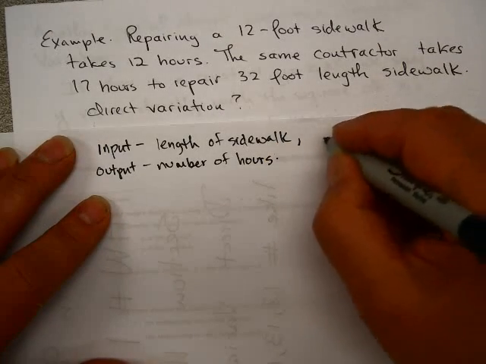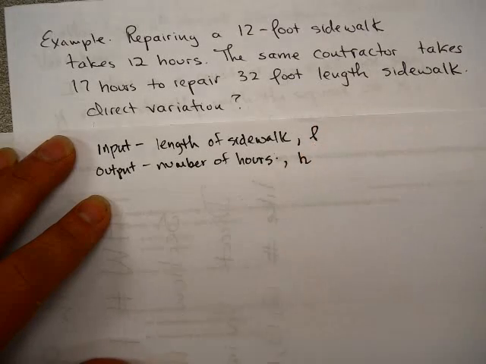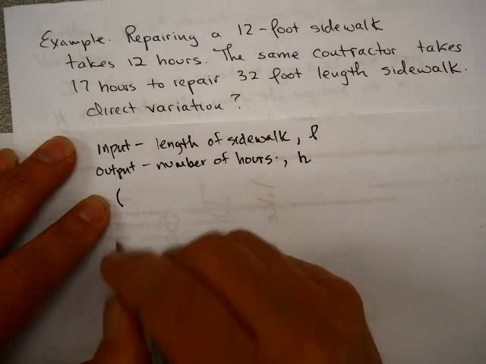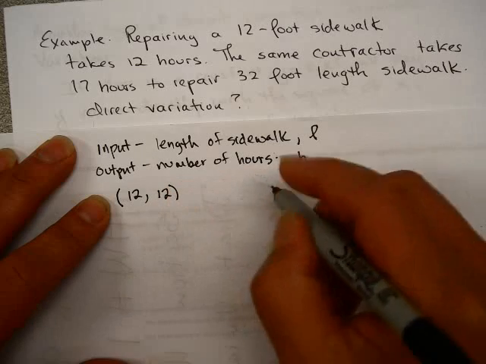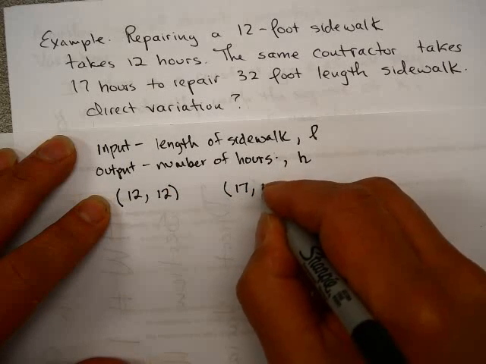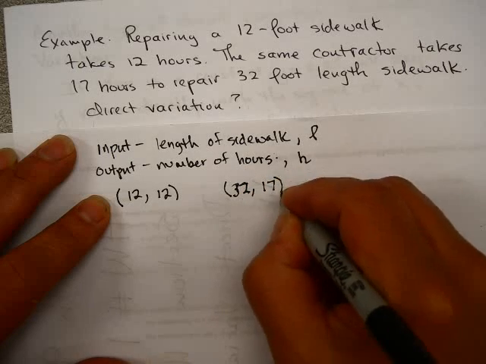So I'm going to call the length of my sidewalk L, and I'm going to call my number of hours H. So in my first case, I have the pair: my input is 12 and my output is 12. And my input on the second one is 32, and my output is 17.